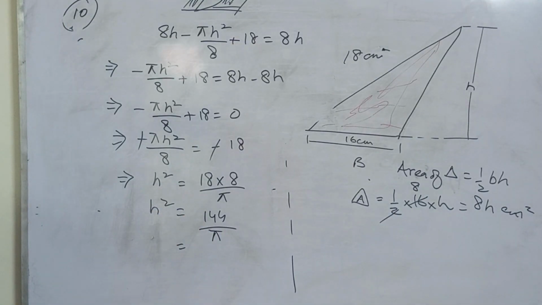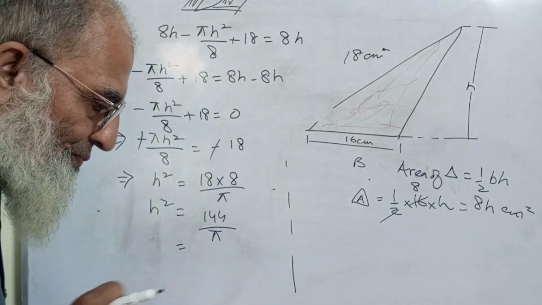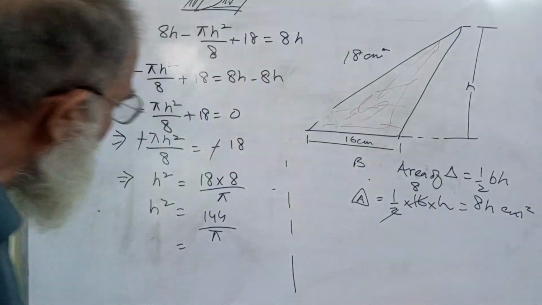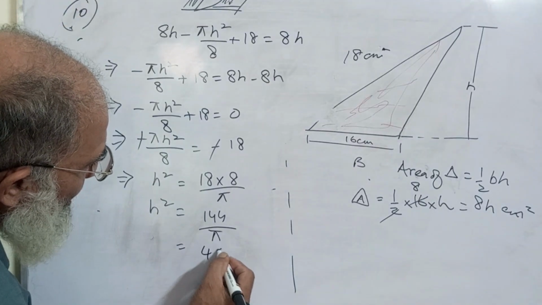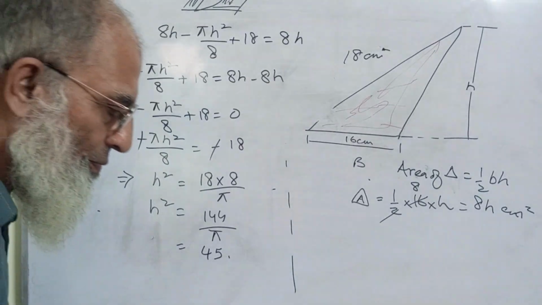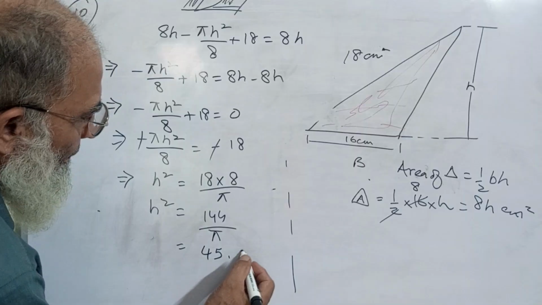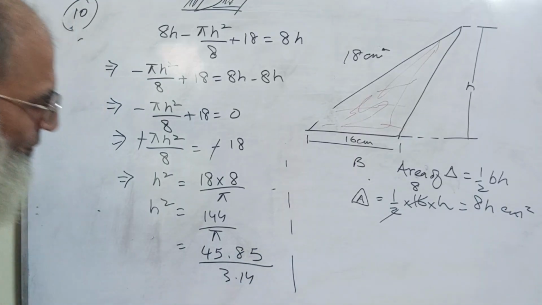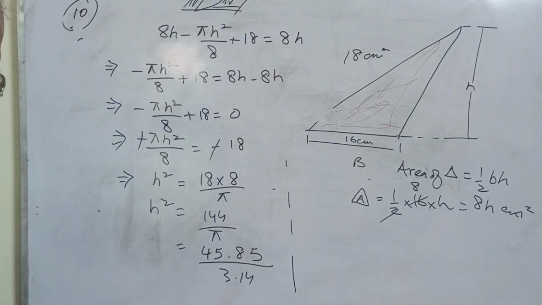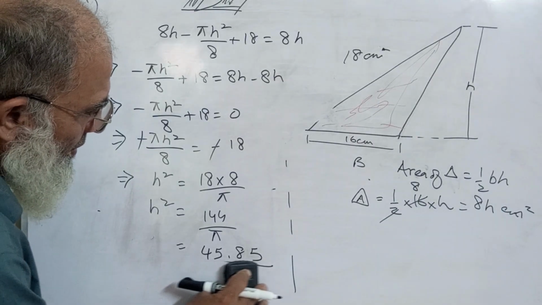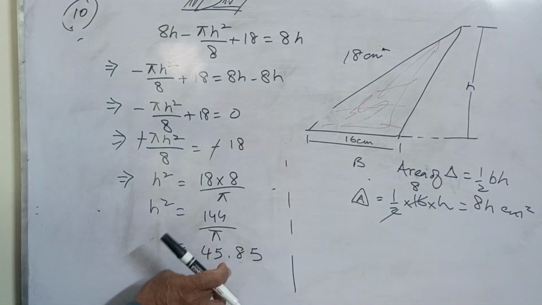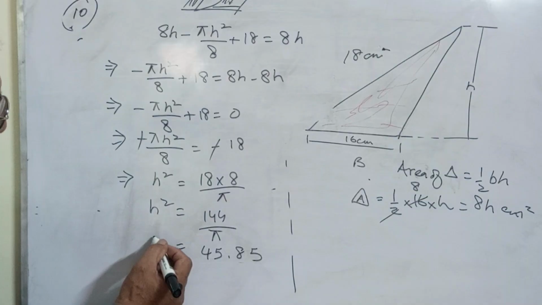Where is the calculator now? So it will become 45.85. 144 divided by 3.14, when we calculate it, it will become 45.85.